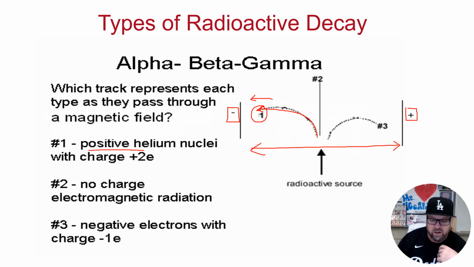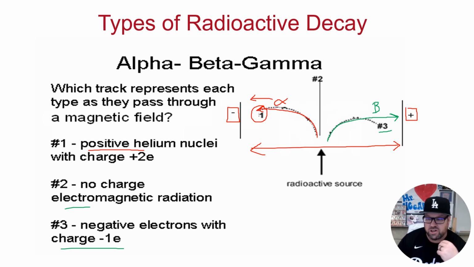If we go over here to number three, what's going to be deflected or bend towards the positive magnet? Sorry, number three would be a beta particle. So this would be beta, and this would be alpha.